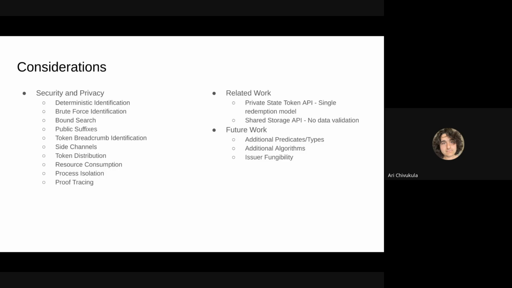This is similar to other work that's ongoing in Chrome. So for the private state token API, it's a similar concept, but there it's a single redemption model, right? You get the token, and then you redeem the token, and then that proves something about the context to be able to move forward.